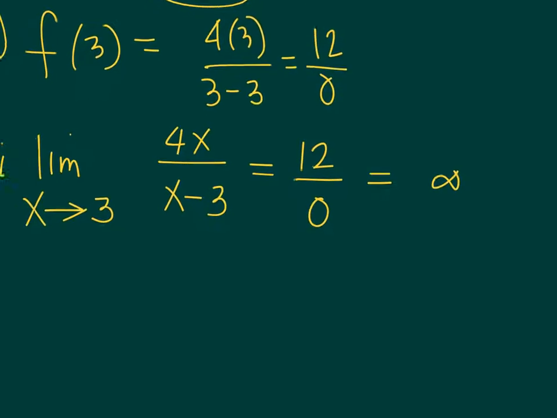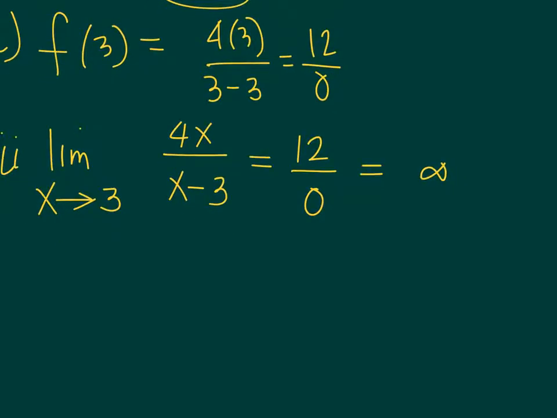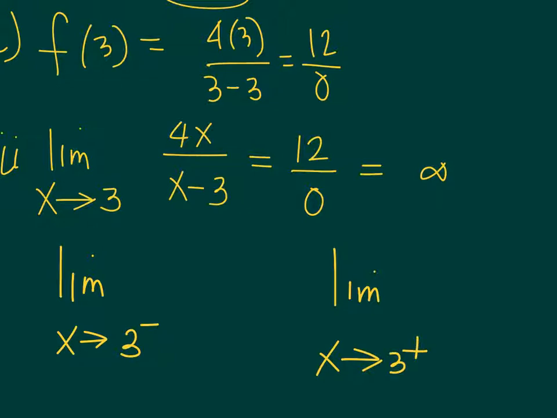Not immediately. Because to check the limit, we have to identify the limit from one side, from the left, and then we check the limit as x approaches that number from the right. So 4x over x minus 3, on both sides. But how are we going to deal with each limit? Remember the one-sided limit example? You select a number from the left of 3. You can just get the number before it, which is 2.